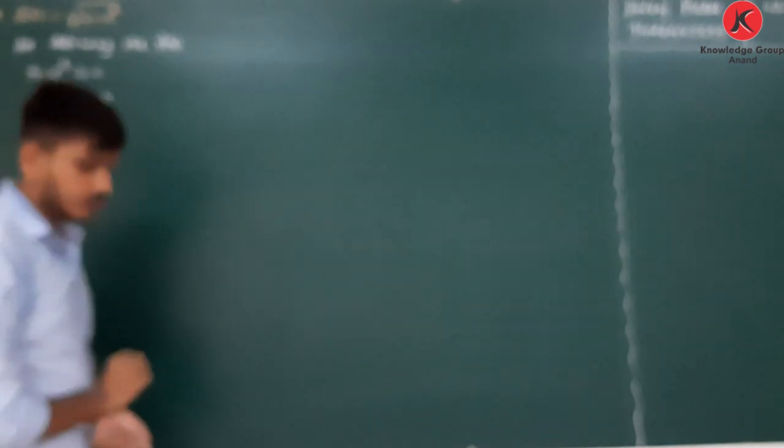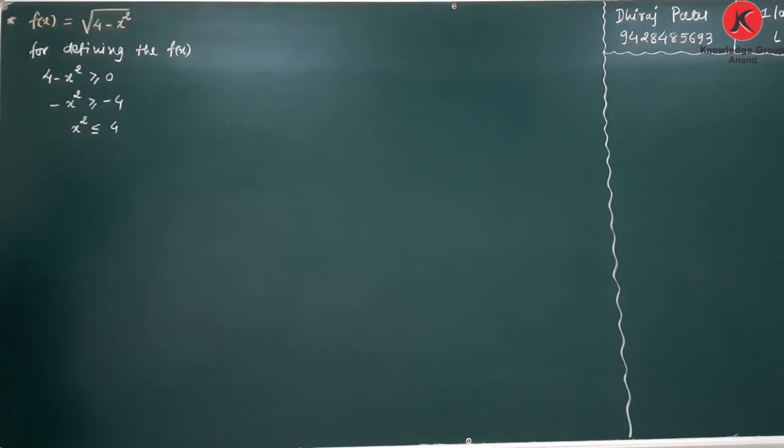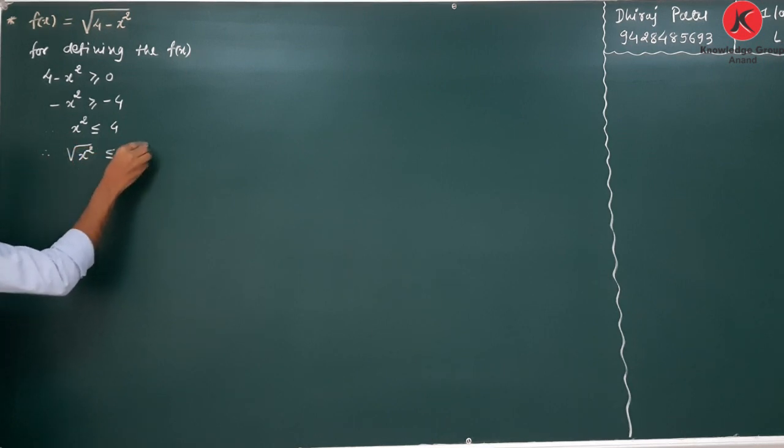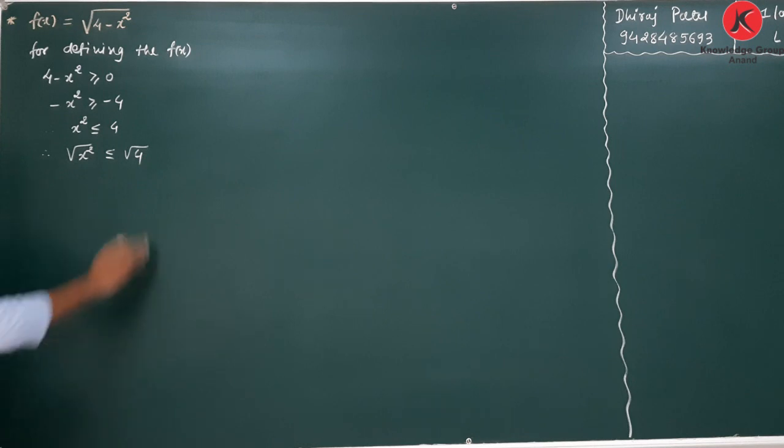Why will the inequality change here? Because we know that when we multiply an inequality by a negative real number, then the inequality will change. Okay, x square less than equals to 4, and now take square root on both these sides, square root of x square and square root of 4.